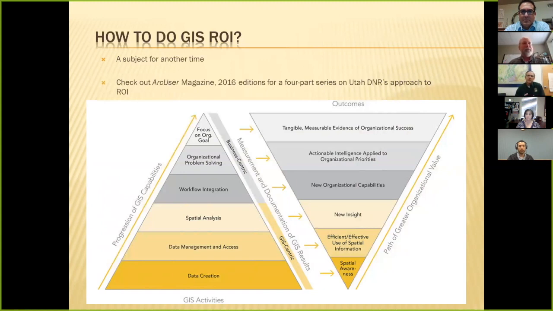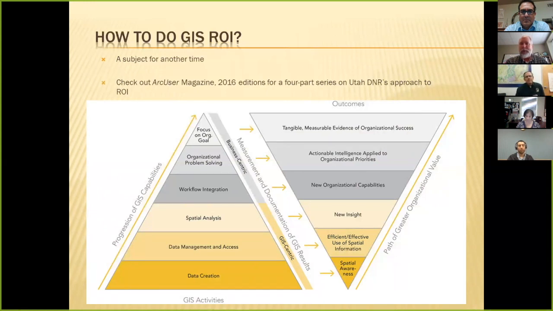In that series, we'll discuss a little bit about what GIS does, as it's listed here, in GIS activities and their corresponding outcomes, and how those outcomes may be valued by the organization.